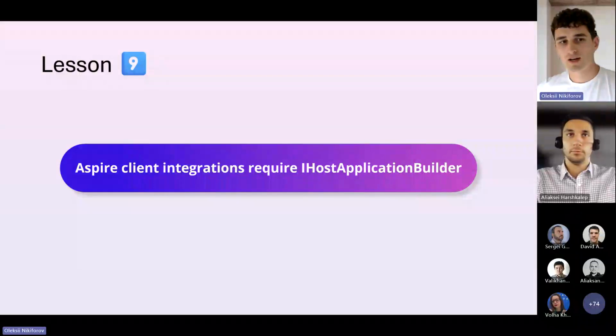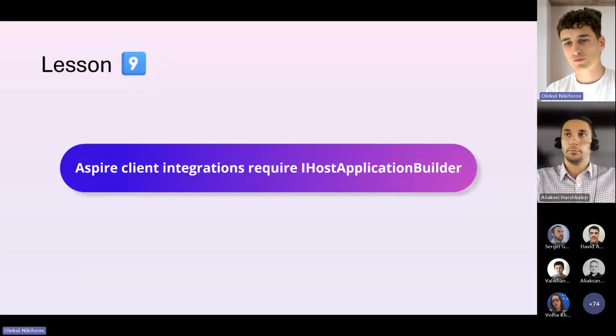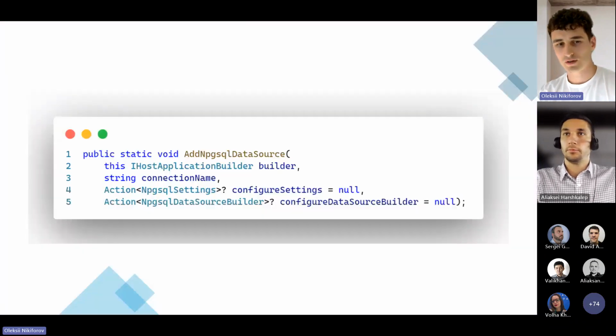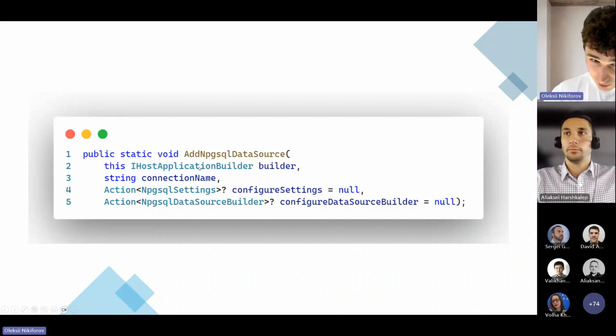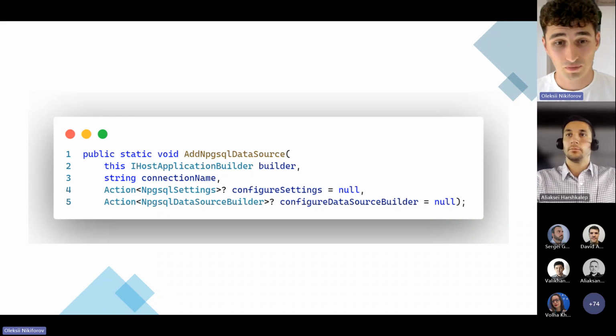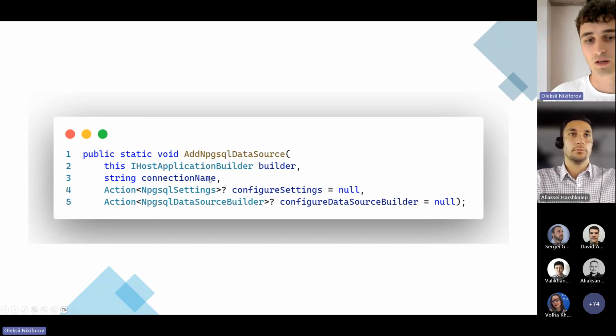The other one is that the client integration depends on IHostApplicationBuilder. You probably know this interface. It's a pretty standard one, introduced in .NET 6 maybe. As you can see, you needed to register the configuration, health checks, and so on.